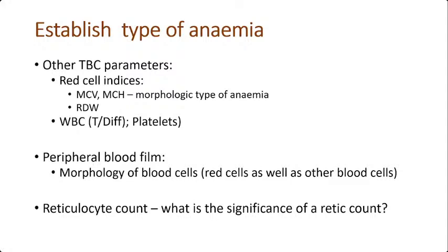When we look at a peripheral blood film that is stained with Leishman stain or with MGG, we will see what is known as polychromasia. Polychromasia is what we will see when we have an increase in reticulocytes. Okay, so a reticulocyte is a juvenile or immature red cell. It does not have a nucleus, however, it has RNA.